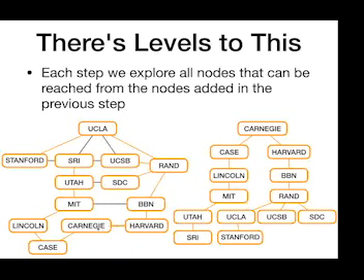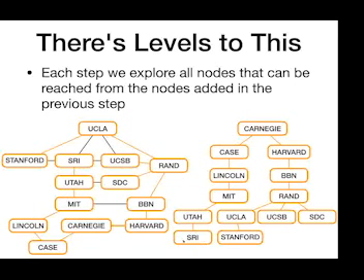So suppose there were a shorter path between, let's say, Carnegie and SRI. If there were a shorter path between these two, the algorithm would have found it because it's always exploring every node that it can find with paths of one greater length. It's always exploring every possible path that it can find.